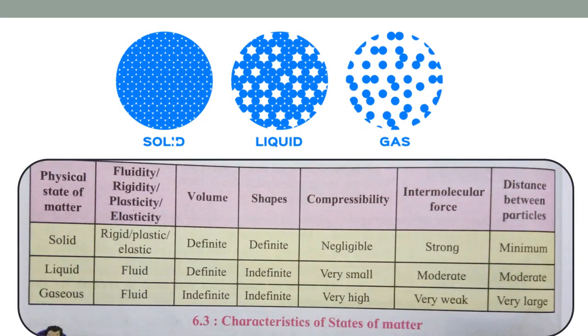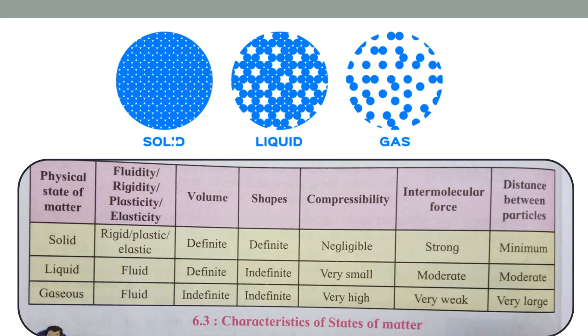So students, in your textbook one table is given which shows the characteristics of states of matter. These are the physical states of matter, like solid, liquid and gaseous, and we have to see the characteristics of each. So solid is rigid.